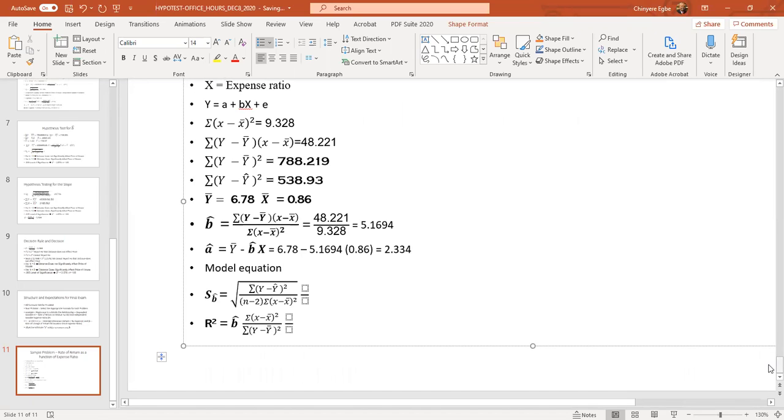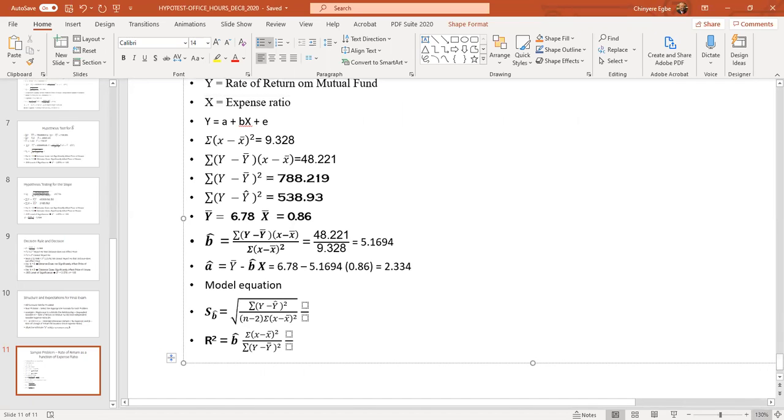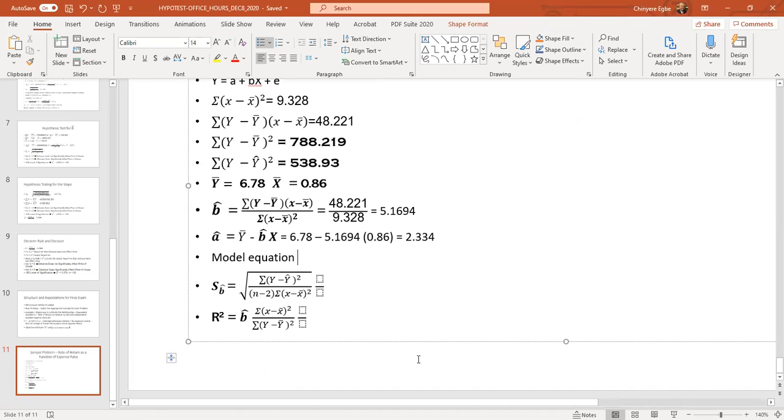Are you able to see that bigger now? Okay, we have a model equation.